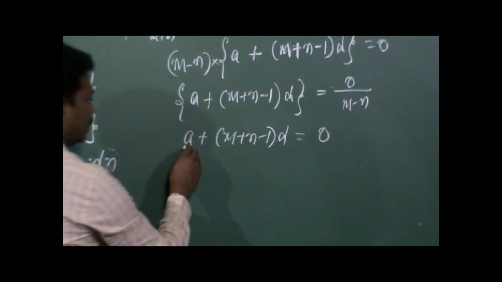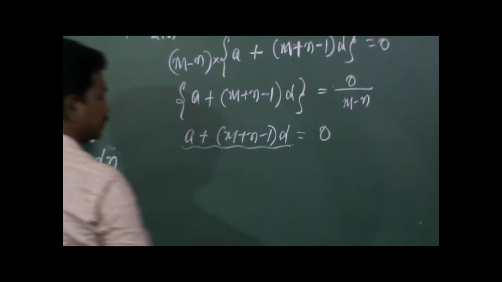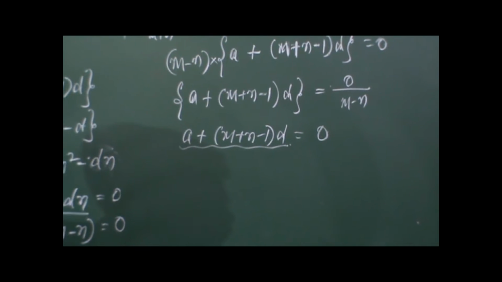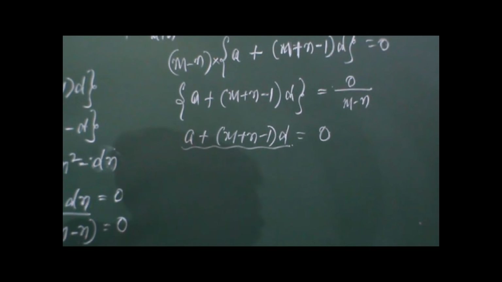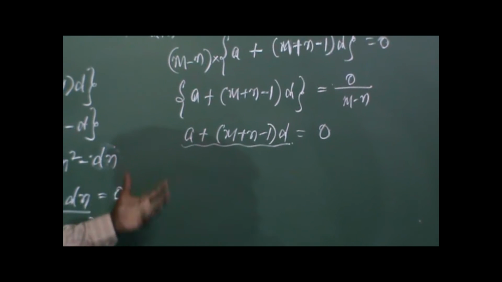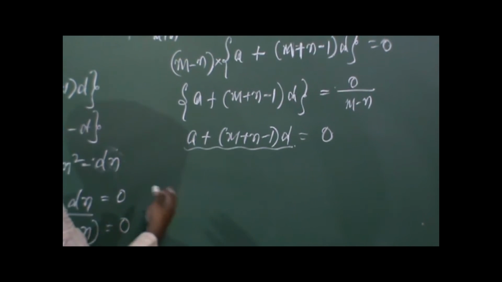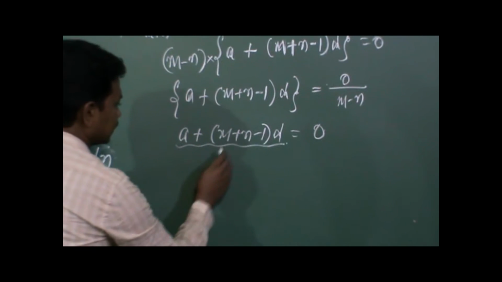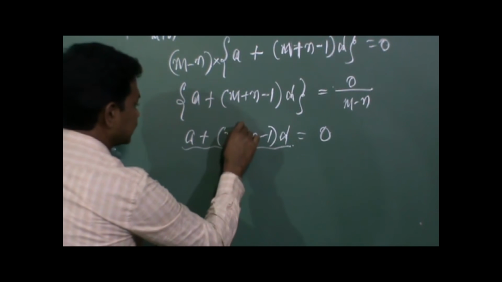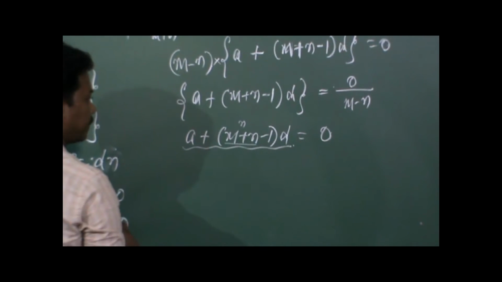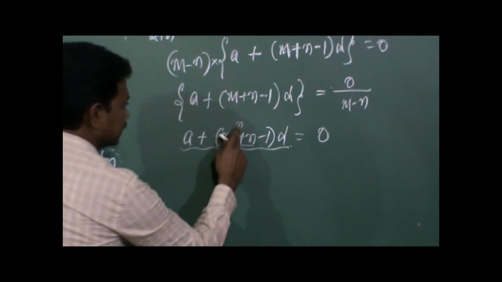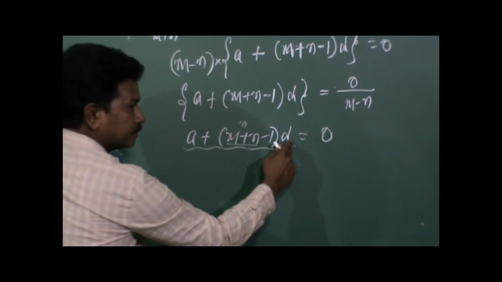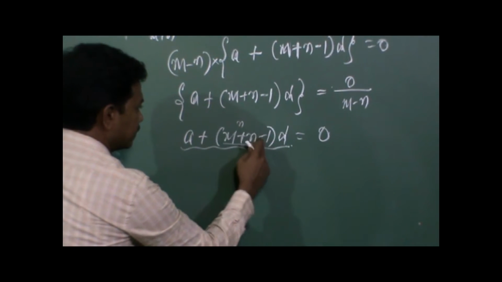So therefore you have to look at this particular step very carefully here. You have already got the answer, but you may not be able to recognize that it is an answer. So therefore, please look very carefully, listen here. A plus, if you consider this M plus N as N, just N, it becomes A plus N minus 1 into D. So what is A plus N minus 1 into D?